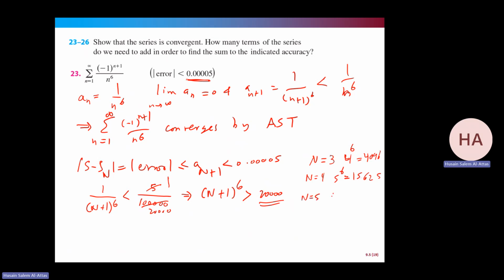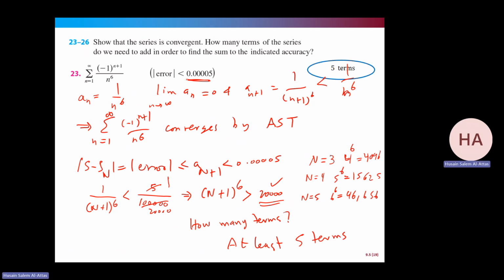N equal 5, I have 6 to the power 6, which will be 36 times 36 times 36. That is 46,656. So I'm reaching this. So how many terms? At least 5 to reach that accuracy. Yeah, that was the answer.